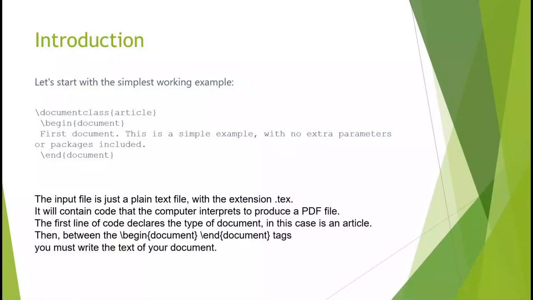Start our LaTeX document by typing the document class. The syntax is like this. Document class, then in brackets, the type of document you want to prepare. Like here, I'm writing article. So article is the name of the document class. Some other classes are report, book, letter, etc., which we will explore later.